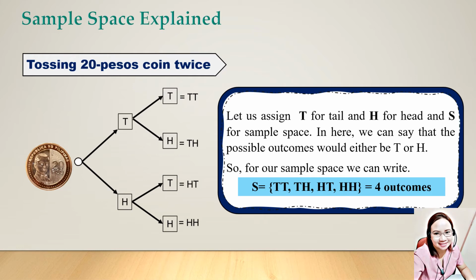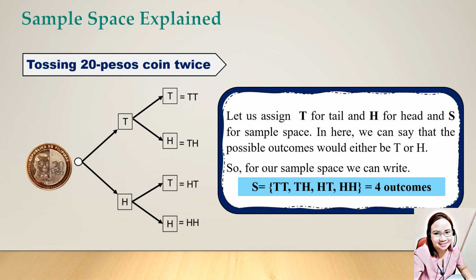We have 4 outcomes here. Ibig sabihin nito, kapag nag-toss tayo ng coin ng 2 beses, maaaring ang lumabas sa una at pangalawa ay parehong tail, ang sumunod naman ay una, tail ang lalabas, sumunod naman ay head, sa pangatlo naman, head and tail, and then head and head.